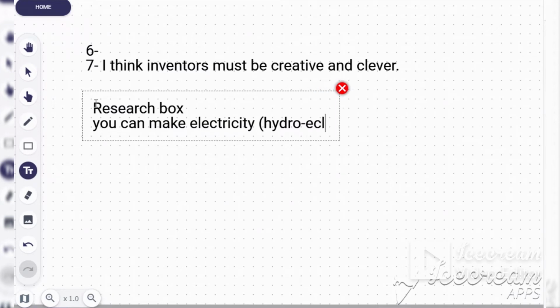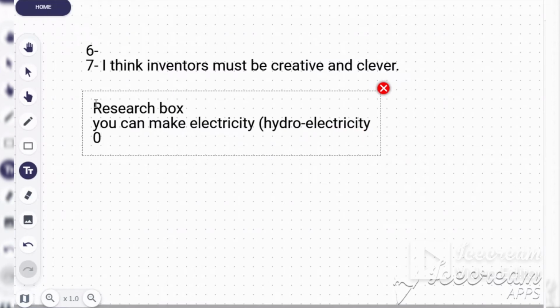Okay, I think you took it in science. Between brackets hydroelectricity from what?